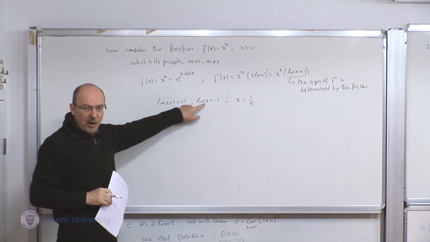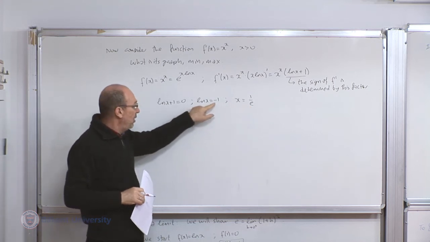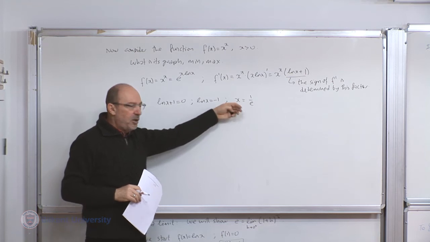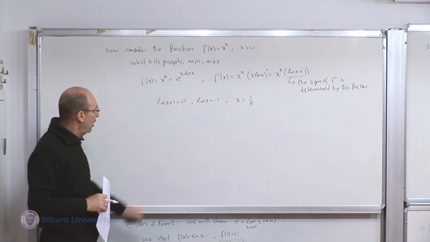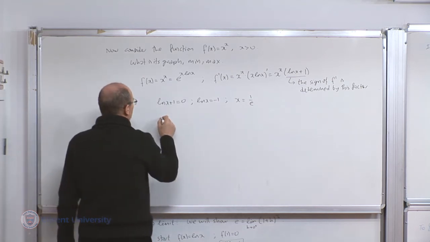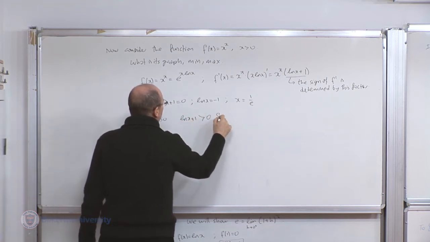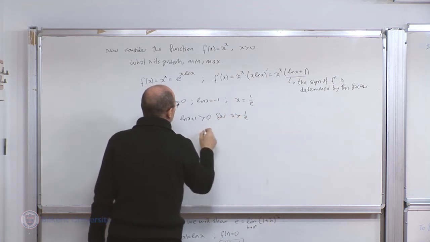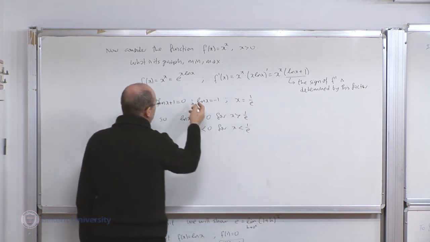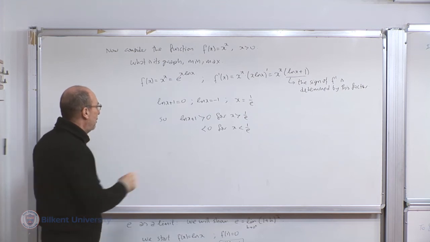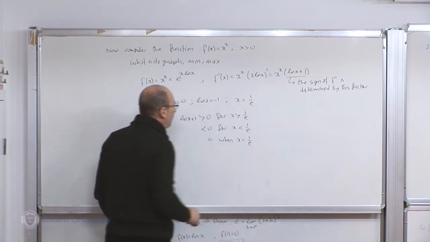Its derivative is 1 over x, always positive. So if it hits this value at this point, before this point it is below this, and after this it is larger than minus 1. Okay. So ln x plus 1 is positive for x larger than 1 over e, negative for x less than 1 over e, and 0 when x is equal to 1 over e.